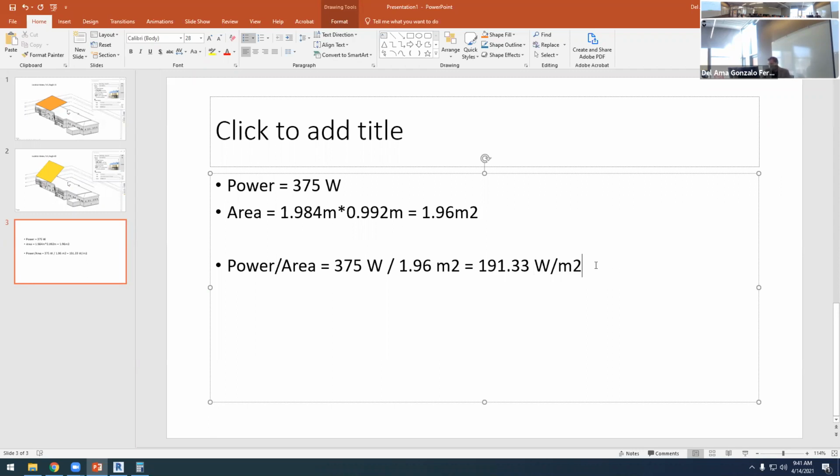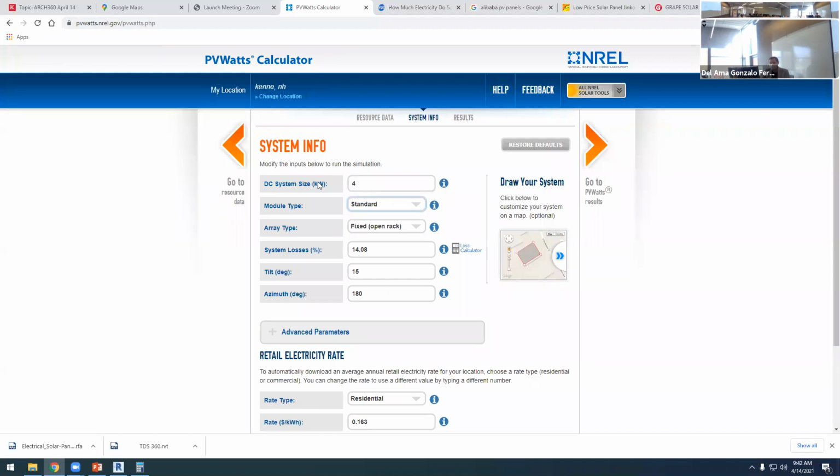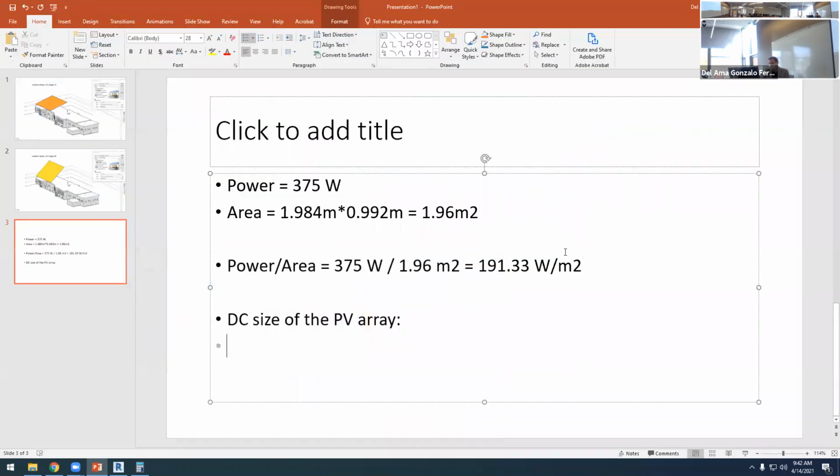Why are we doing this? Because in PV watts, we have to calculate the DC size of the PV array. As you can see here in PV watts, we have the DC system size in kilowatts. So what does it mean? We have to insert here kilowatts. And here we have watts per square meter.